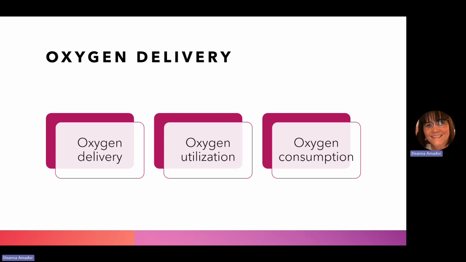So mixed venous oxygen saturation, this would be equivalent to your SvO2. This is obtained either off of a pulmonary artery catheter, or we can get it off of like a central line, from a distal port.